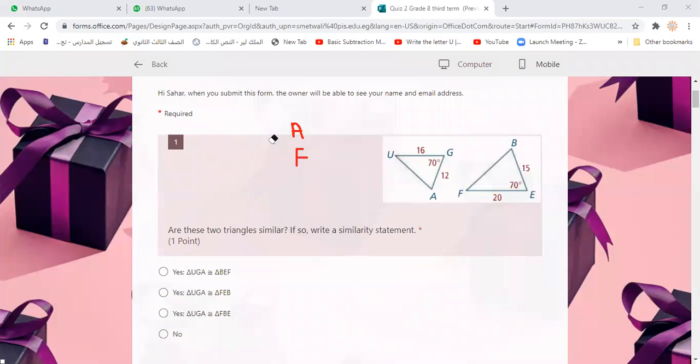The next choice, he said triangle UGA similar with FEB. Then UG 16 over FE 20.